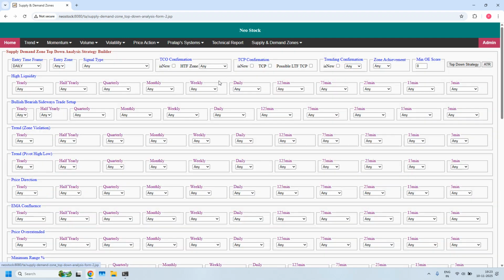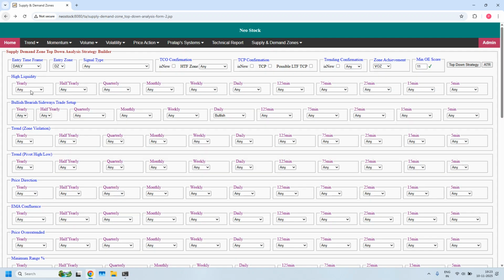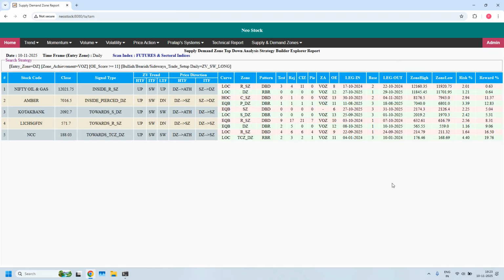Okay, next sideways long trade setup for daily income trade. Sideways long trade setup.